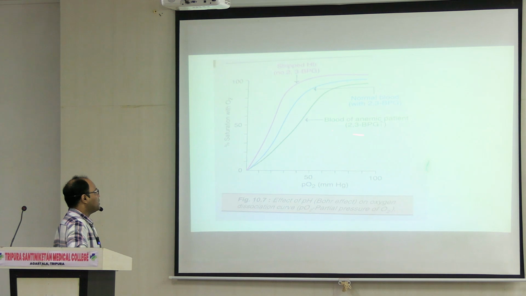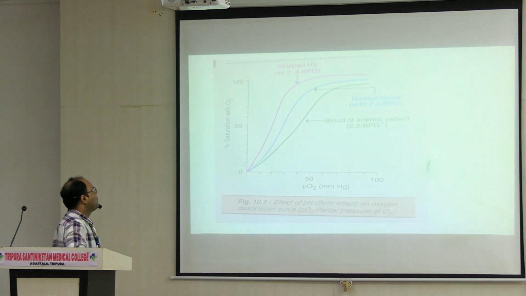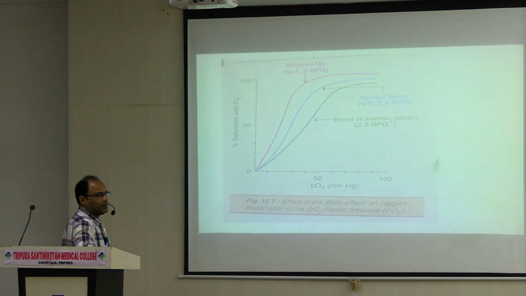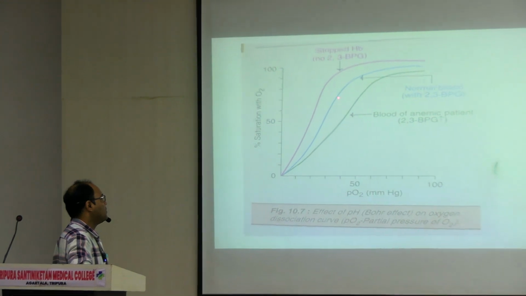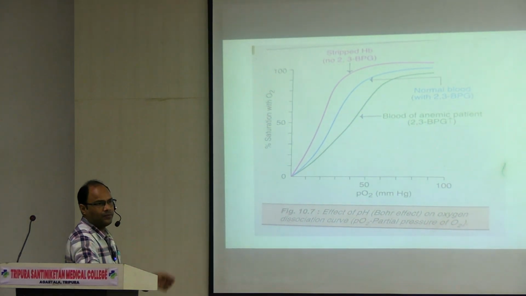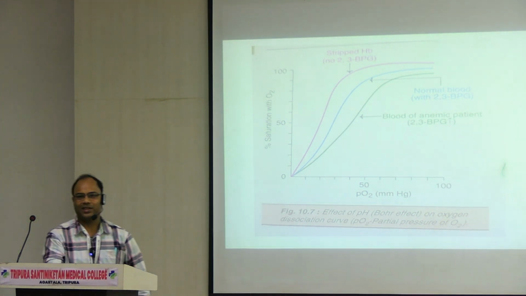Here, in a patient of anemia, there is less hemoglobin, so there is less BPG, so this curve shifted towards the right side. And in stored blood, there is no 2,3-BPG, so it is shifted towards the left side. This diagram I took from your favorite book, Satyanarayan. You can read from Satyanarayan.